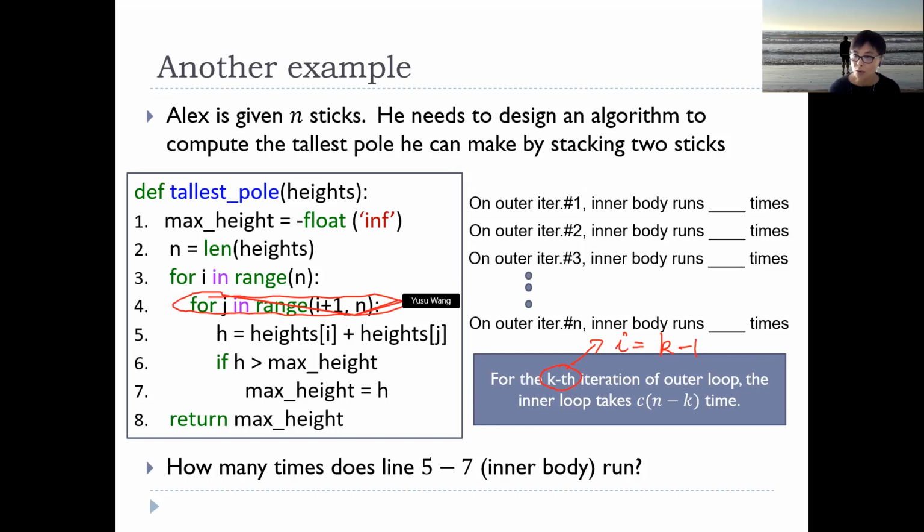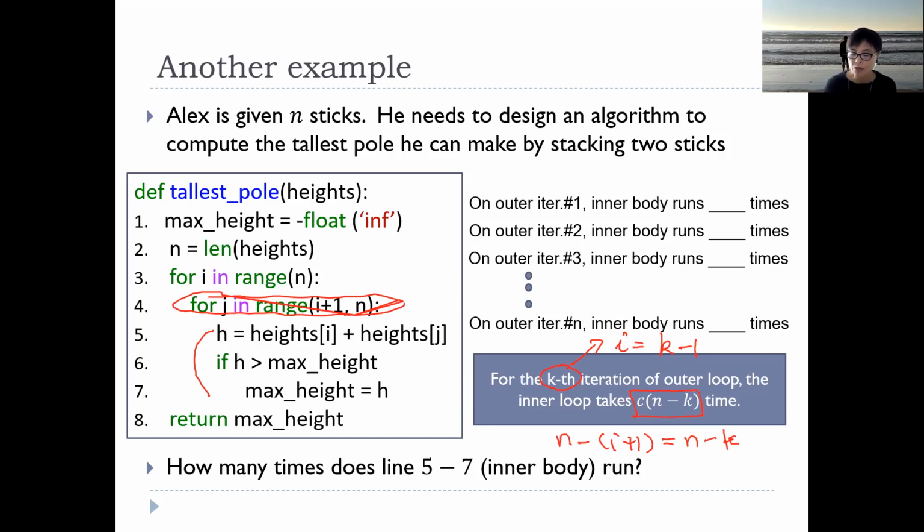This inner for loop runs n minus i minus 1 iterations, which is n minus k, and lines 5 to 7 take constant time. That's why for the k-th iteration of the outer loop, the inner loop takes c times n minus k time, because it runs n minus k iterations and each one takes only constant time.